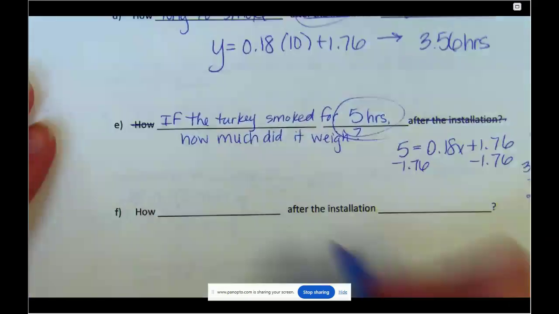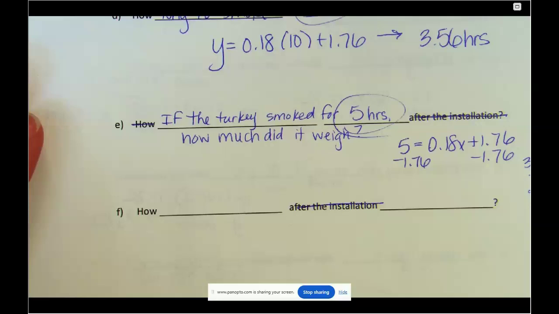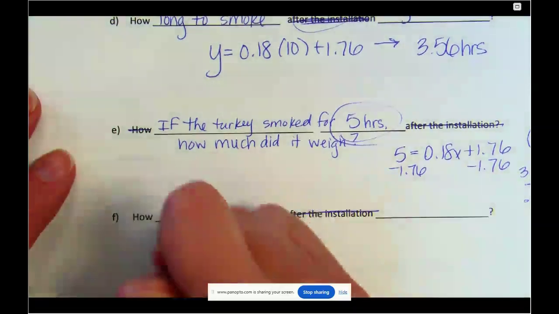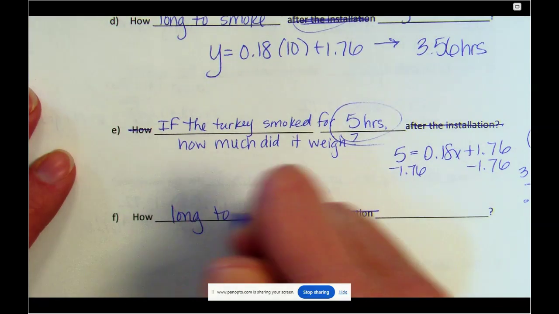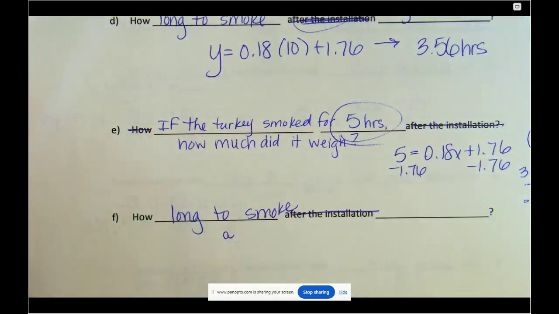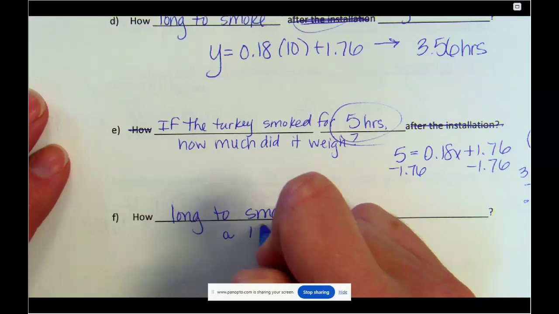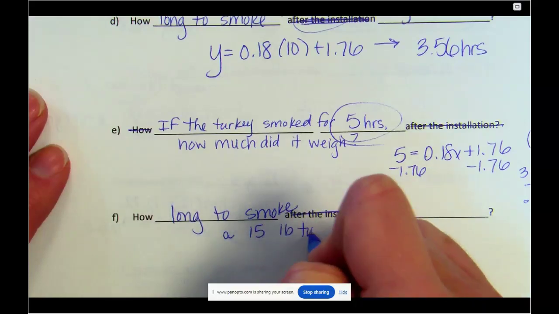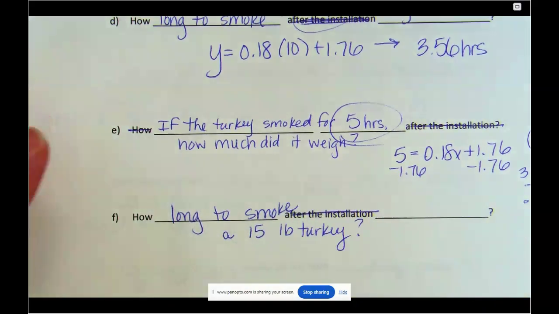Okay. Last question. How long to smoke, let's say, a 15-pound turkey? No, I made up these numbers. I have never smoked a turkey either.